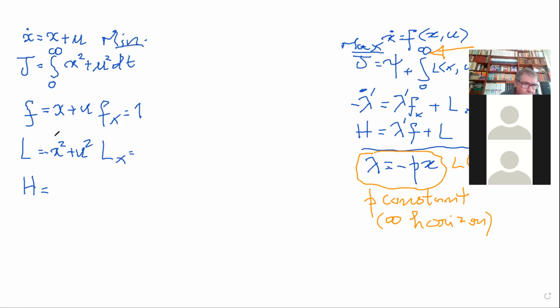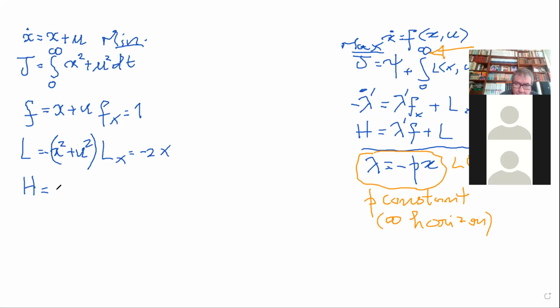So L_x is? Minus 2x. And f? Lambda is a scalar because lambda has the dimension of x. So look here.